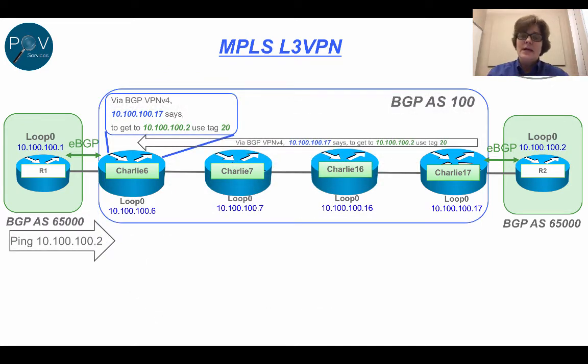Charlie6 will then go ahead and put this information in its label forwarding table. So let's now say that a ping comes in from R1, and R1 sends a ping to 10.100.100.2.